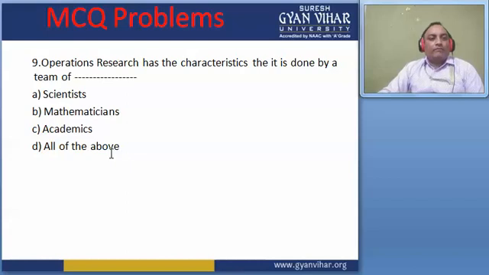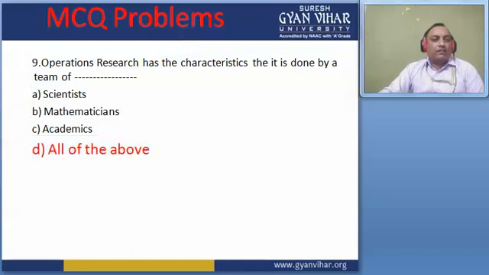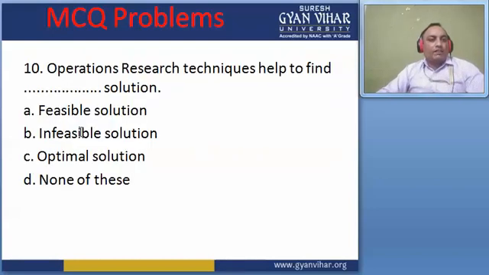So the correct answer is all of the above, right? This means all types of people, such as scientists, mathematicians, and academicians, all use operation research. And let's move to the next question.